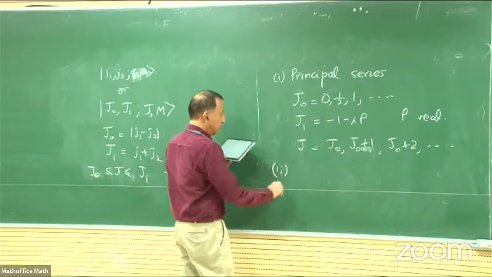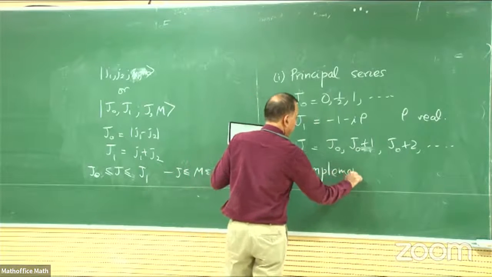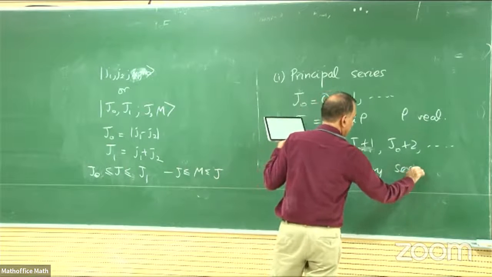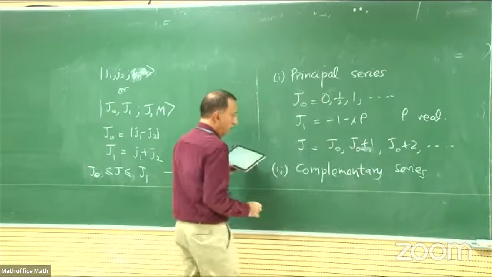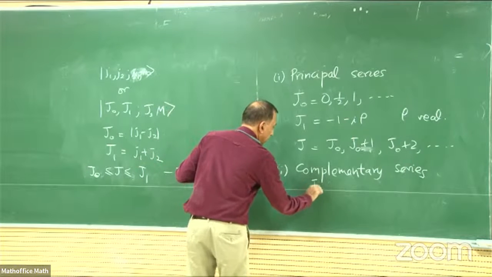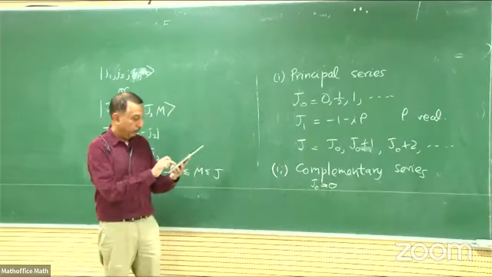And the other series is called the complementary series. And these names were not given by Harish-Chandra. I wanted to check if they were given by Bargmann, but I didn't have time. In this series, J0 is 0 only.